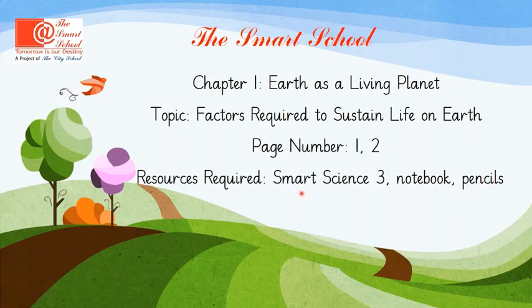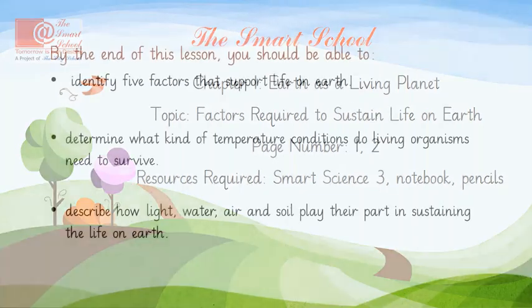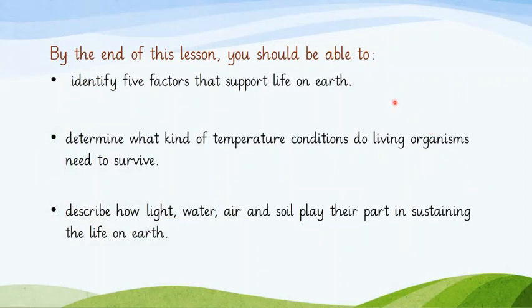You will require Smart Science 3, your notebook and pencils before the start of this lesson. Are you ready? By the end of this lesson, you should be able to identify 5 factors that support life on Earth.